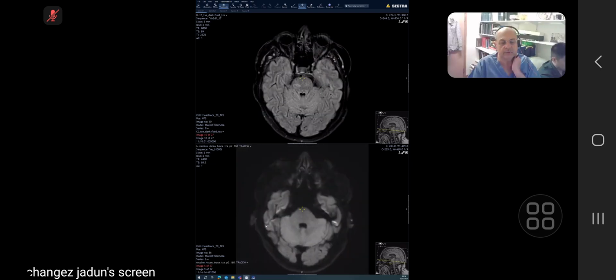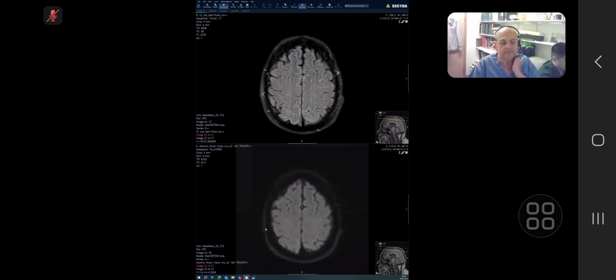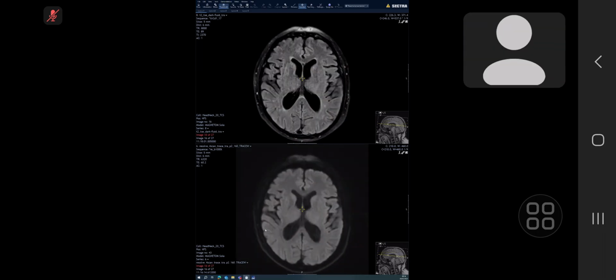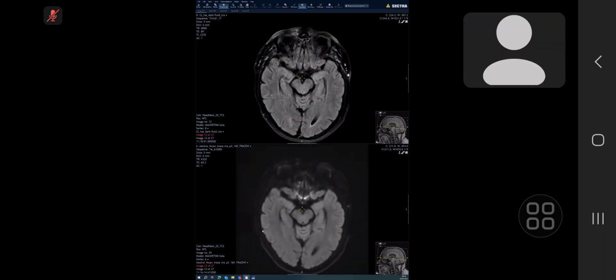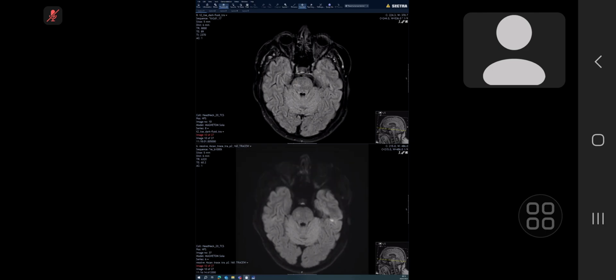So here is your vertex. This is your DWI. So far, no restricted diffusion. There's some hyperintensity at the right hemipons. In my routine practice, I would check the ADC to make sure it is not T2 shine through.